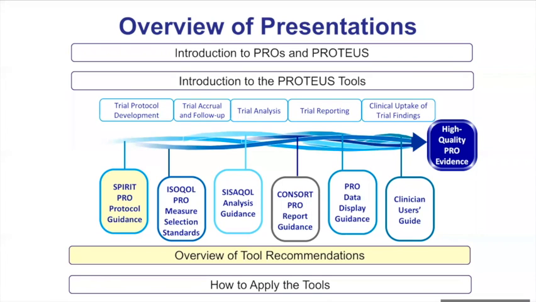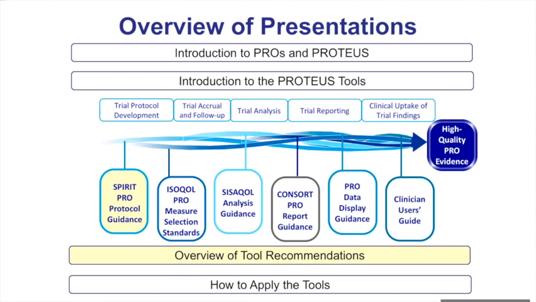For each one of these tools, there is one presentation at an overview level, and it's relatively short and focused. And there's another presentation about how to apply the tools. And this has more advanced material in it and also includes examples.